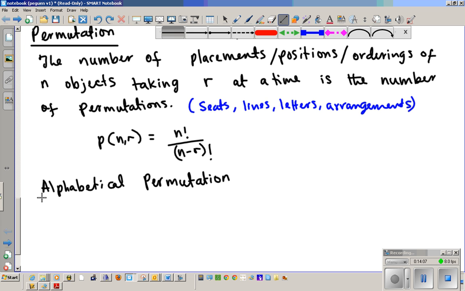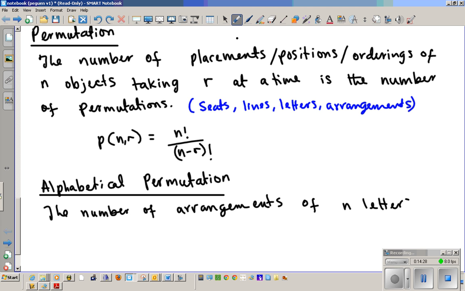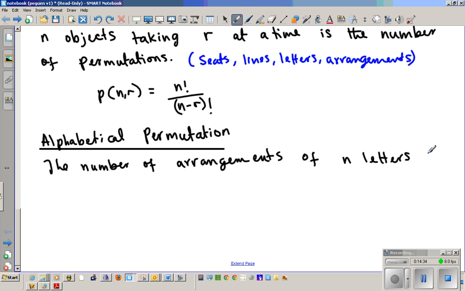Basically, that one is the number of ways, the number of arrangements of n letters with r, s, t repetitions.